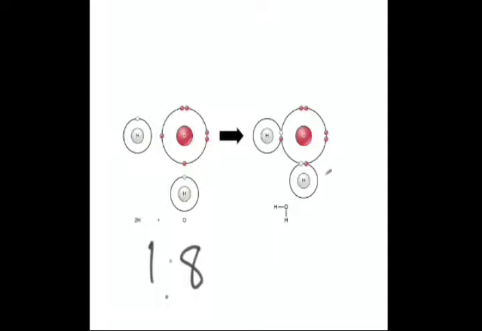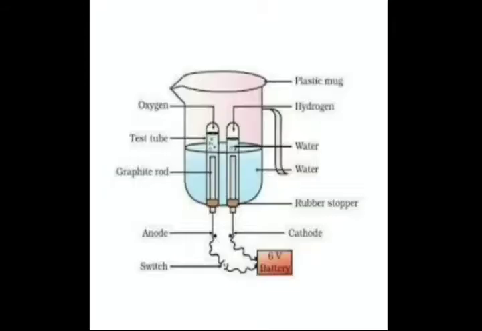So when an electric current is passed, I have told you how water is split up. In the last chapter I told you about the process of electrolysis, and how water splits up into its constituents, hydrogen and oxygen. When an electric current is passed through acidulated water, what does acidulated water mean? It means that it contains a few drops of dilute sulfuric acid.